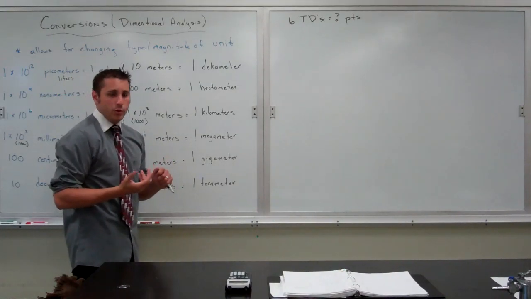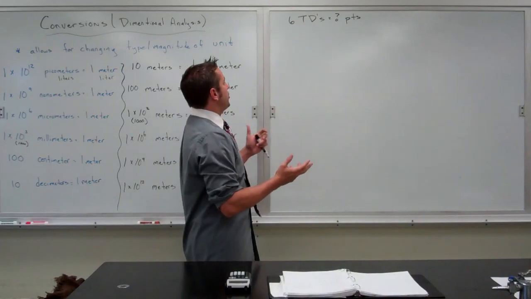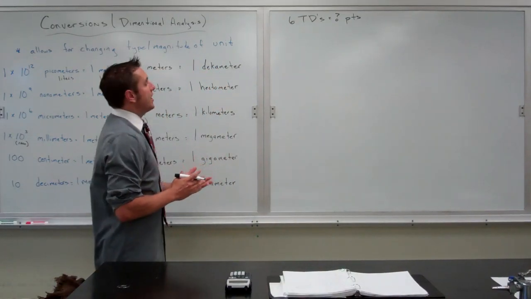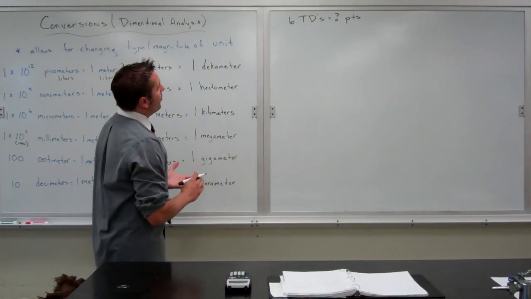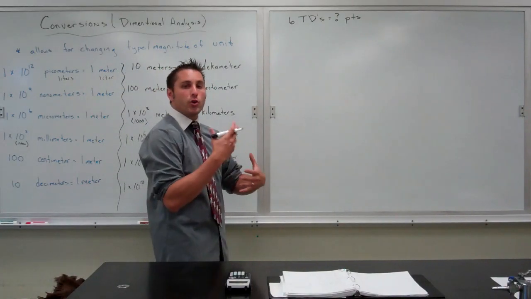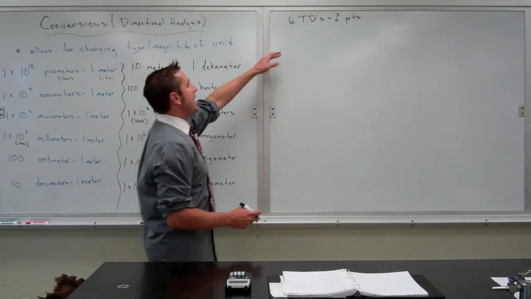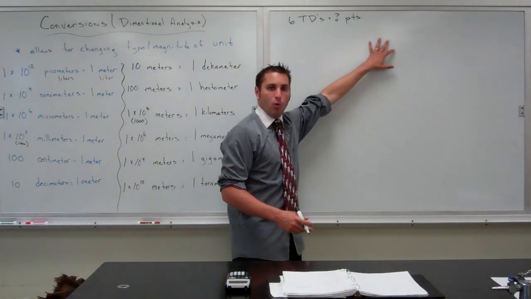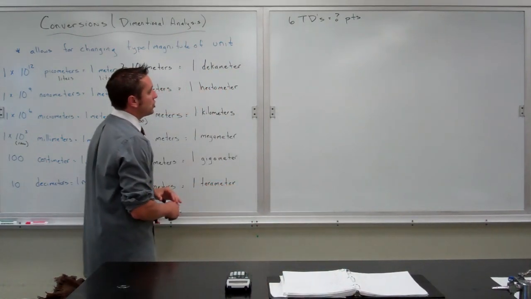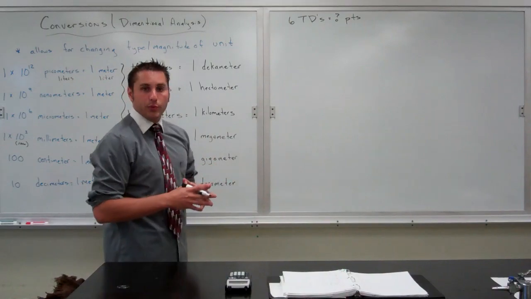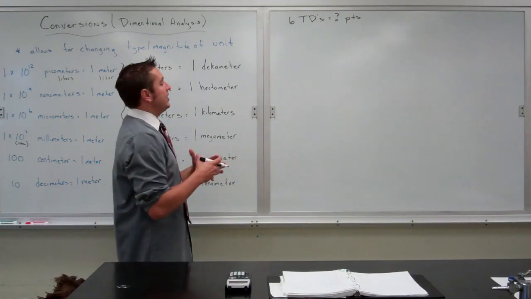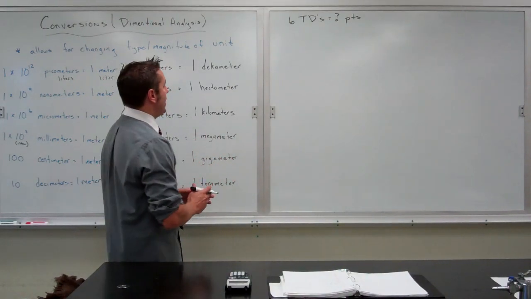Now, most of you, if I say without the extra point, understand what the answer to this already is going to be. But what you don't understand is actually you are going through a method for changing touchdowns into points that we can use as we go through this chapter to change any unit into any other unit that we want.